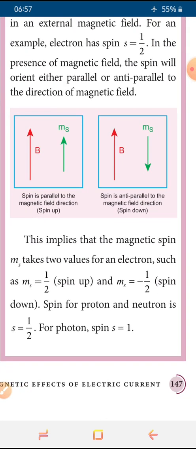It implies the magnetic spin takes two values for the electron: spin up means plus half, and spin down means minus half. The spin for proton and neutron is half, and for the photon the spin S is equal to 1. So the electron spin gives the main property of magnetism.